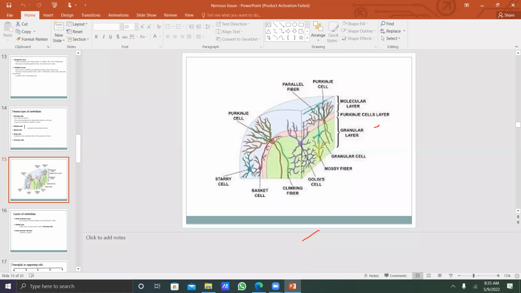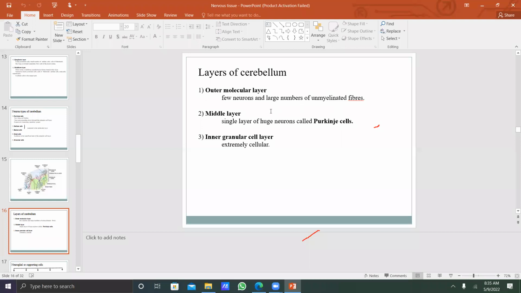So the most superficial layer is the molecular layer. The innermost layer is the granular layer, and in between there is the Purkinje cell layer. In the outer molecular layer, there are few neurons and a large number of unmyelinated fibers.